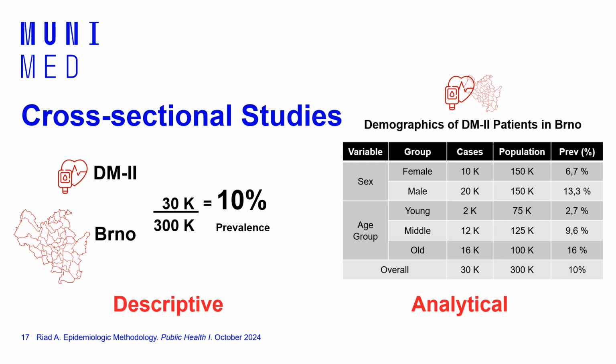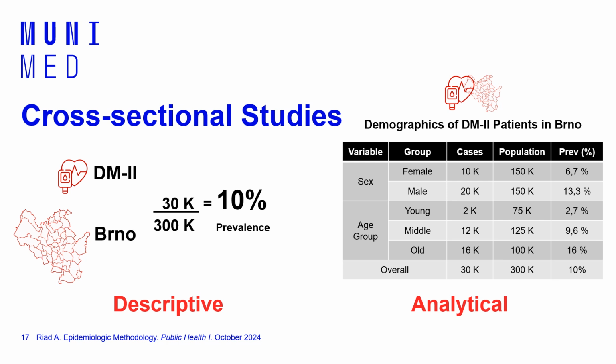For example, you have found out that among the population of the city, there were 150,000 females and another 150,000 males. And the number of cases among females was 10,000, and among males this was 20,000.